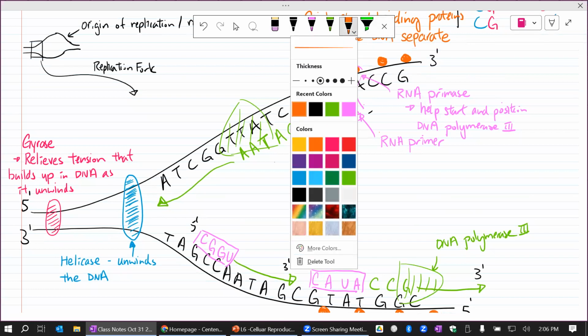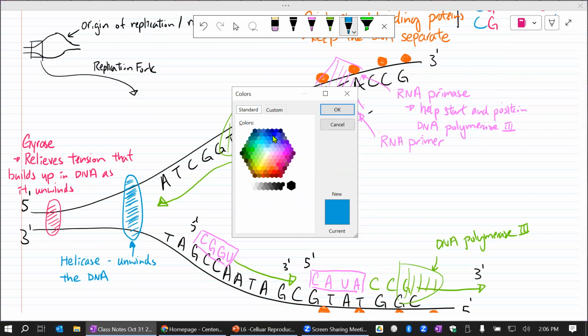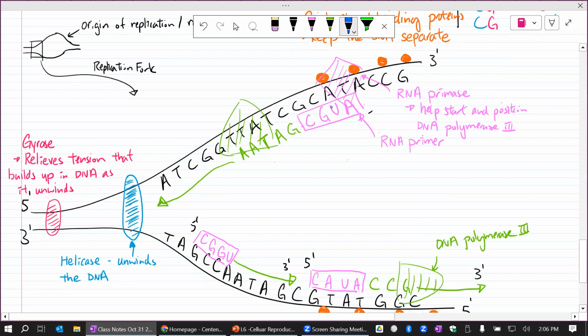So we have 2 strands here, and they're kind of doing their own thing. So this top strand here, this is called the leading strand.